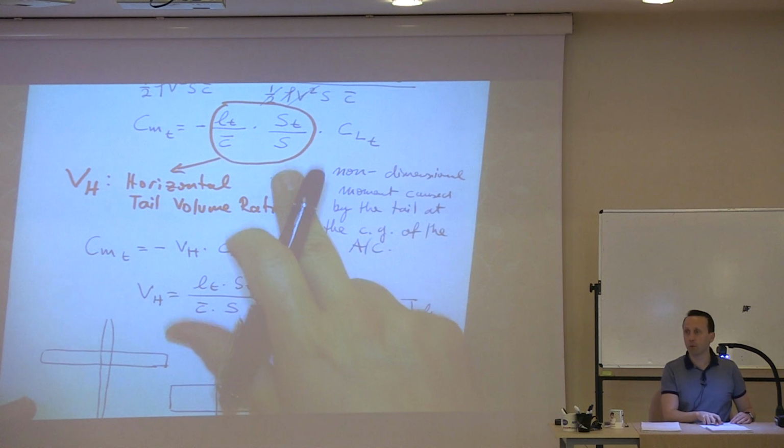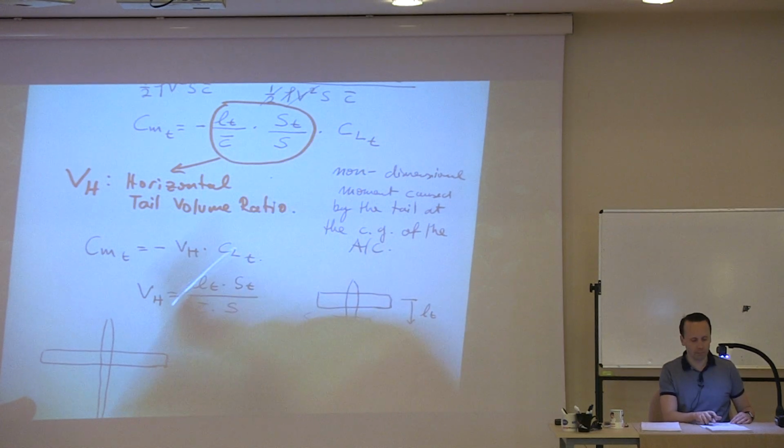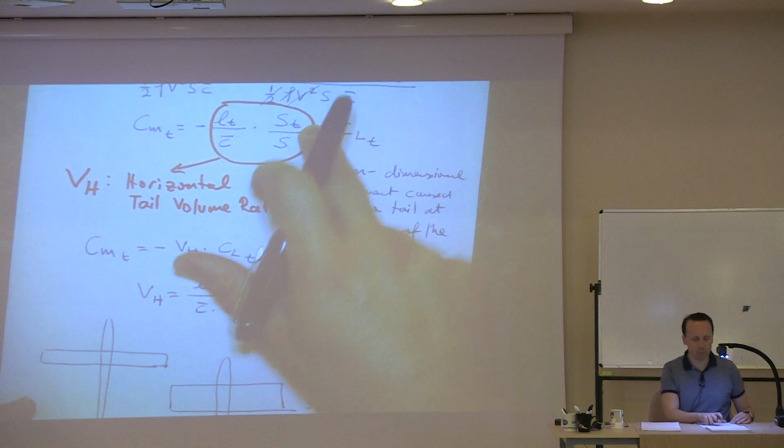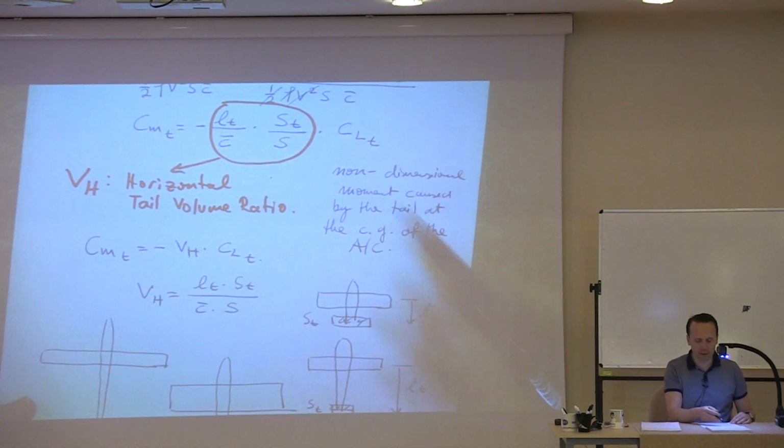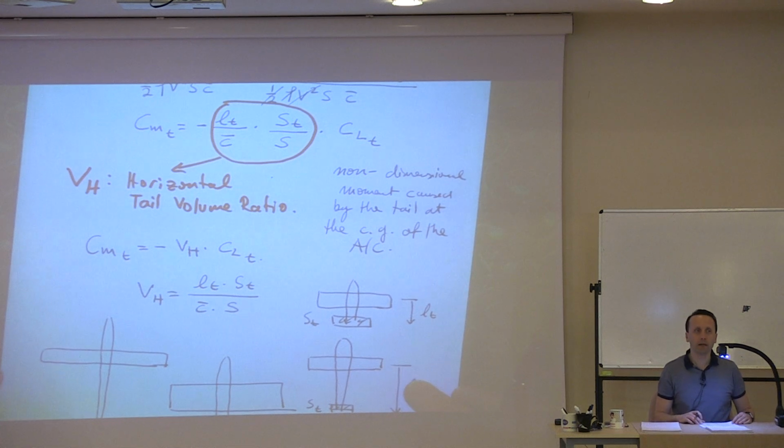So either you make small wings and a small tail, or a big wing and a big tail, or if you have a small tail, then you need a bigger moment arm. So it's that ratio which is kind of key for aircraft design. Okay? So what we're going to do today is add everything together.